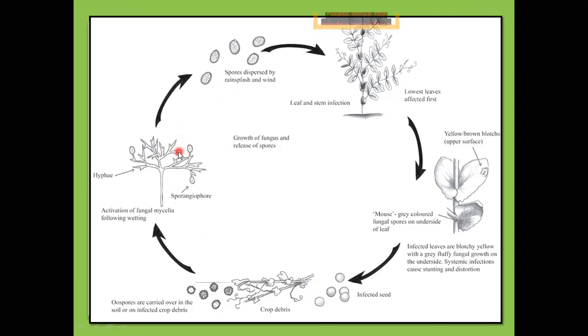Okay, the sporangia are disseminated from this infected host tissue and fall or deposit on the healthy host tissue, so the healthy host tissue becomes infected. In this way the disease spreads from one plant to another through the sporangia and zoospores, through wind or with the help of moisture.